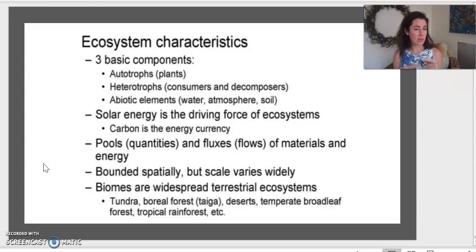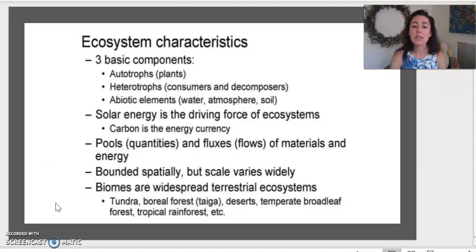But then maybe within that ecosystem, I have a tiny ecosystem. I have an oasis, a place in the desert where all of a sudden I'm finding some water and I'm finding some plants. And that ecosystem, even though it's much smaller, its abiotic and biotic factors are going to differ in size and in parameter from my other ecosystem.